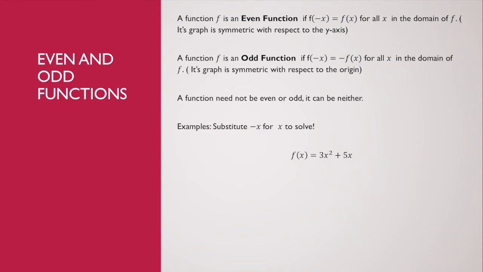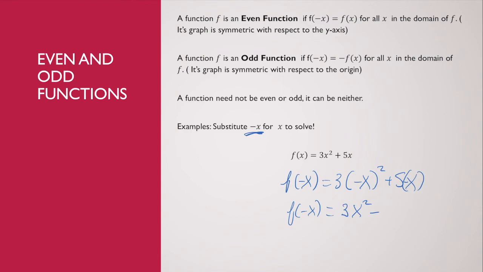If I have f of x is 3x squared plus 5x, and I want to determine if it's even, odd, or neither, I'm going to substitute in negative x and see my result. So f of negative x is 3 times negative x squared plus 5 times negative x, so f of negative x is 3x squared minus 5x.